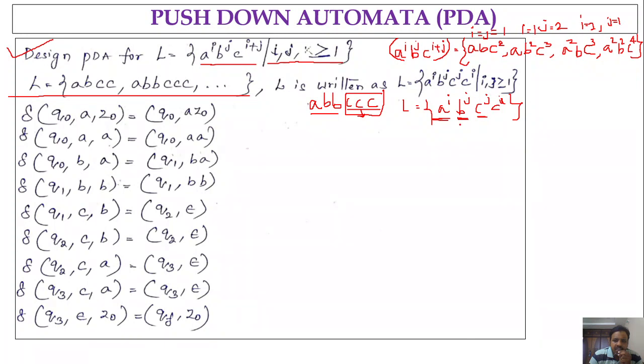So that is the reason I have written b power j followed by c power j, right? And after popping out all the b's, I am going to have a's on the top of the stack, which I have to compare with the number of occurrences of c's in the input, right? So that is the reason I have written the equation in this form: a power i, b power j, c power j, c power i, right?